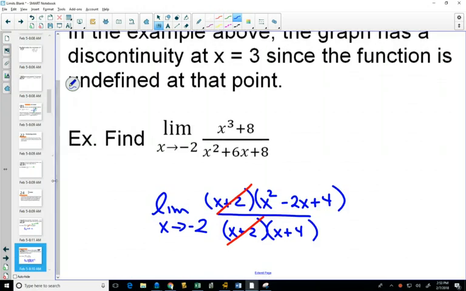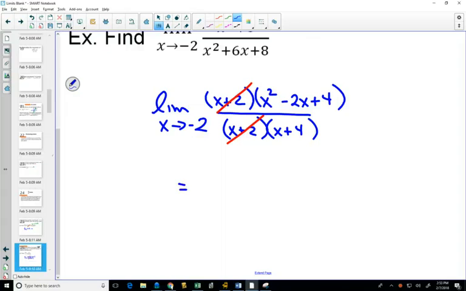Now what happens when I plug in -2? The bottom is going to be 2. The top, 4 plus 4 plus 4. And so our limit is 6. Hey, 0 divided by 0 is 6 again.